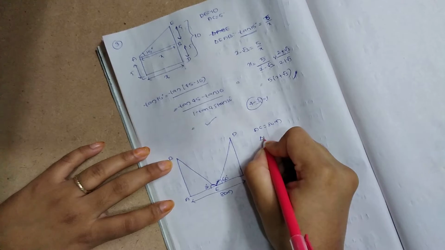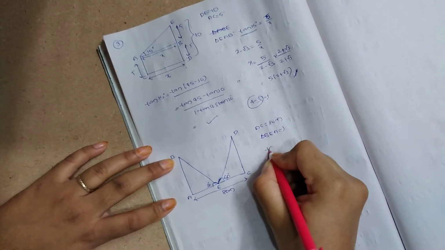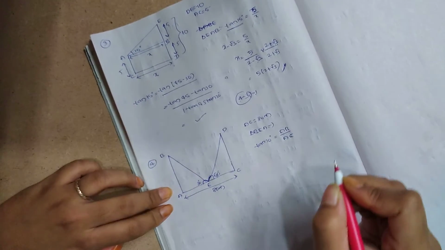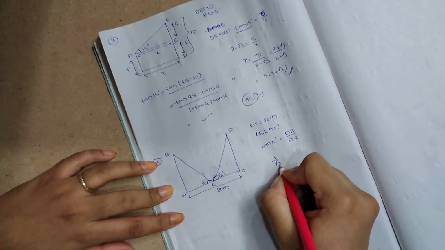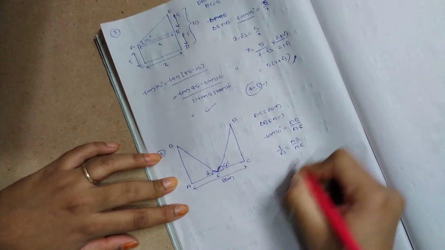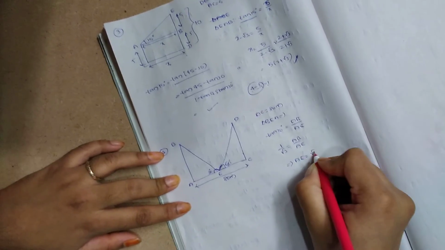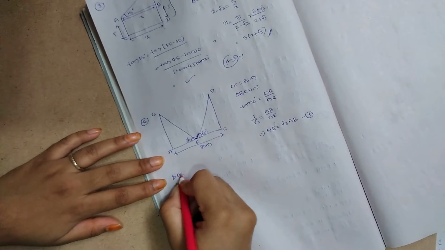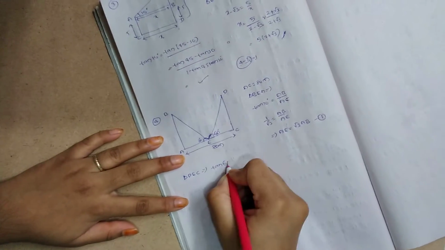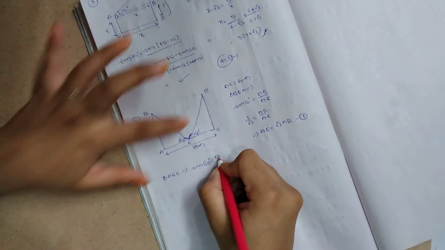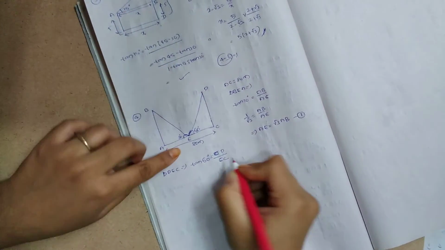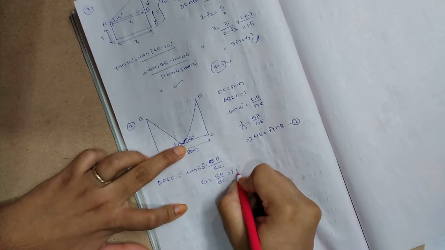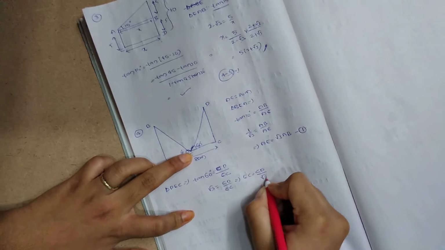Now from triangle BEA, what do you get? tan 30 = AB/AE. Agree. 1/√3 = AB/AE, which implies AE = √3 AB. Equation 1. In the same way, from triangle DEC, tan 60 = CD/EC. √3 = CD/EC, which implies EC = CD/√3.